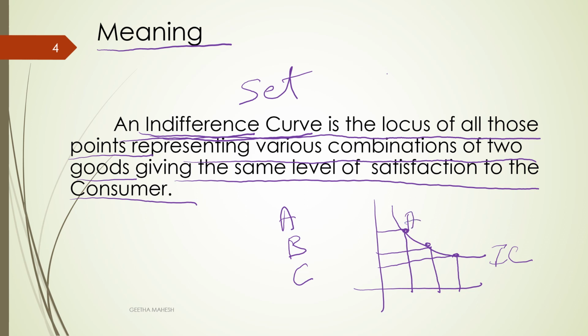Combination A, combination B, combination C give the same level of satisfaction. This we call an indifference curve. An indifference curve shows all those combinations of two goods which give the same level of satisfaction.